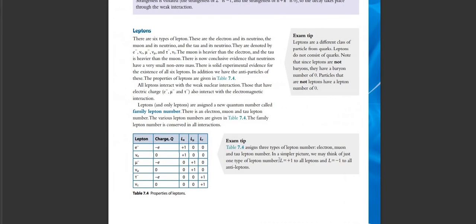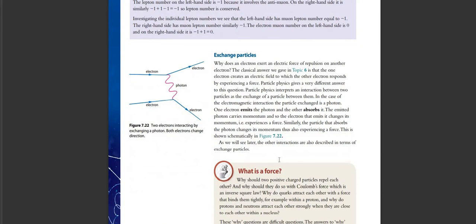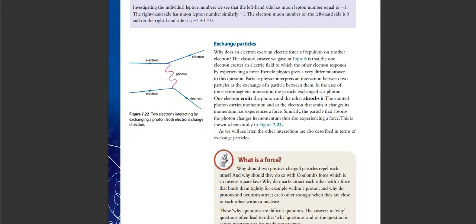So let's move on to exchange particles. We know that these interactions between quarks keep happening, but what exactly happens between them that causes energy changes? Take the example of two electrons about to hit each other.